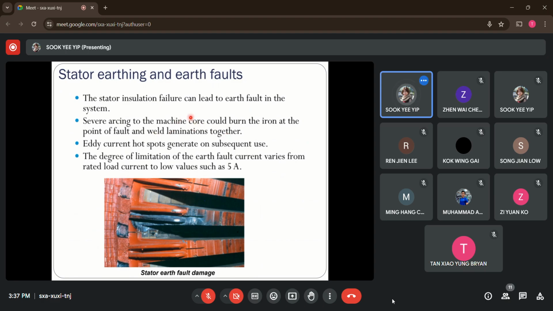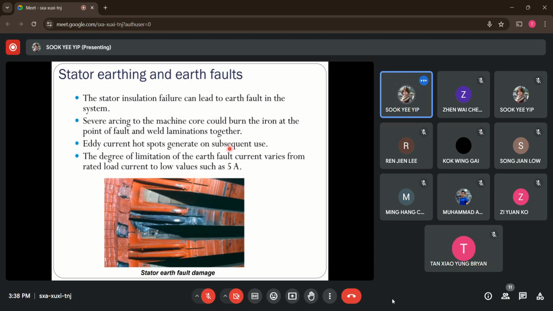The machine core is not built from one big chunk of iron. It is made of many pieces of iron stacked together to form the laminations. If we have high temperatures due to the arcing, it will cause the laminations to short together. This means the eddy currents will be high, and it will generate eddy current hotspots every time you turn it on.